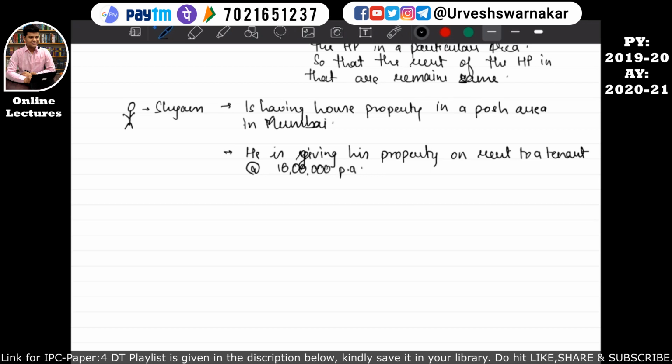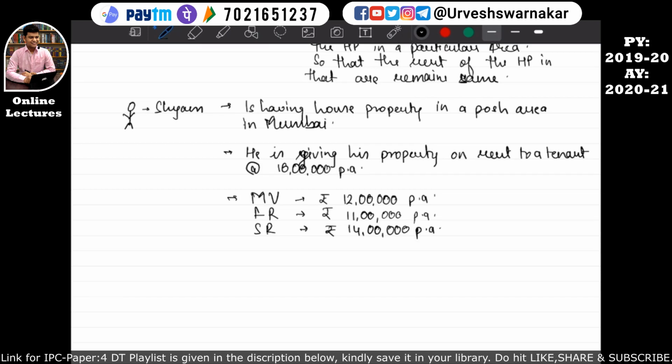But the municipal value, the MV decided by the municipal authority, is rupees 12 lakhs per annum, and the fair rent decided is rupees 11 lakhs per annum, and the standard rent of that area is rupees 14 lakhs per annum.